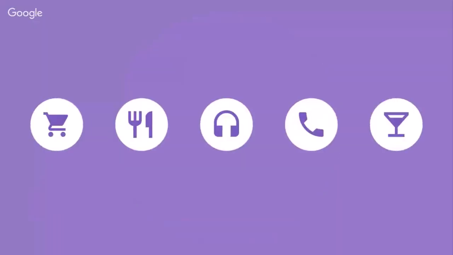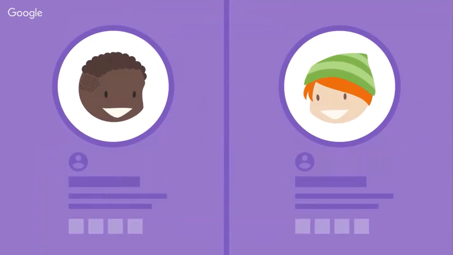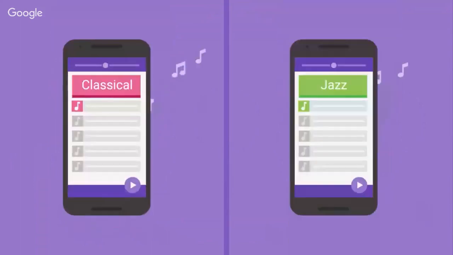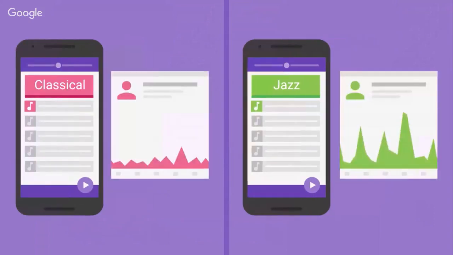It's not just about seeing what your users are doing, it's also about discovering who your users are. Demographic information, you can discover how your different users behave differently by setting custom user properties. Have a music app and want to find out whether your classical music fans are browsing more albums than your jazz music fans? That's the kind of data you can easily break out thanks to custom user properties.